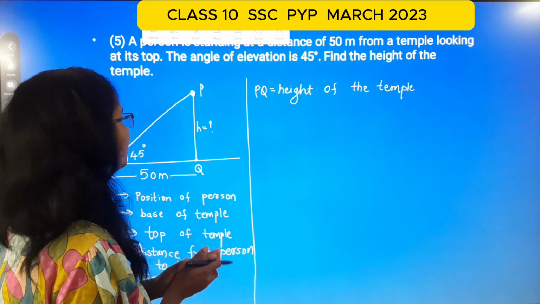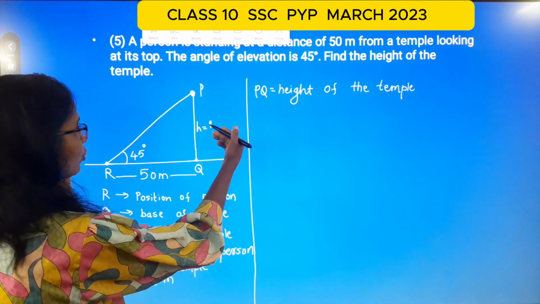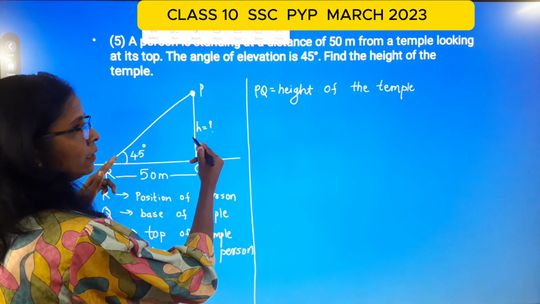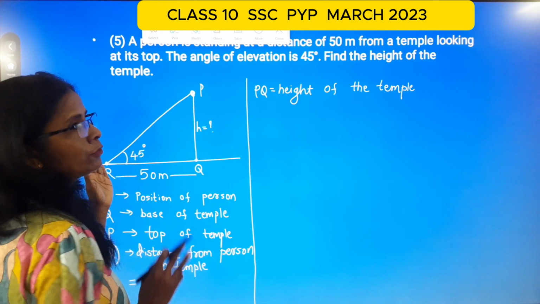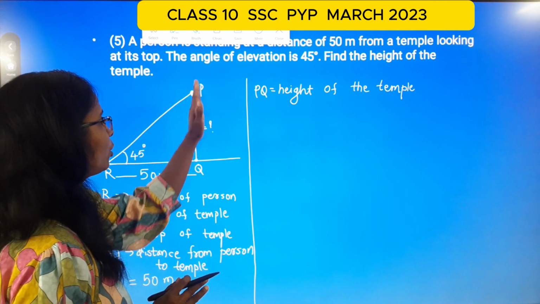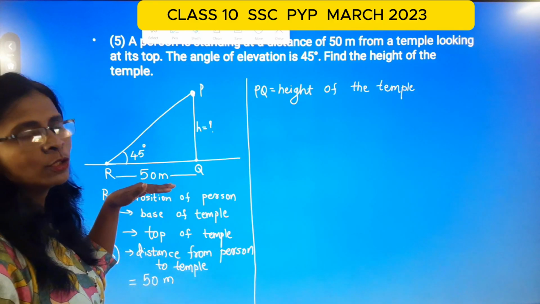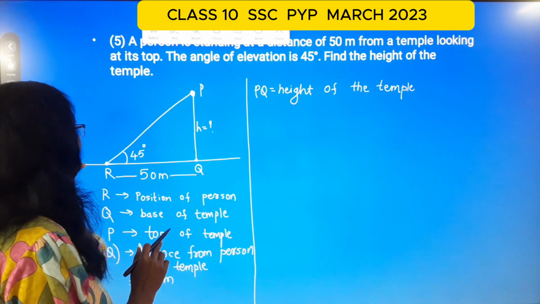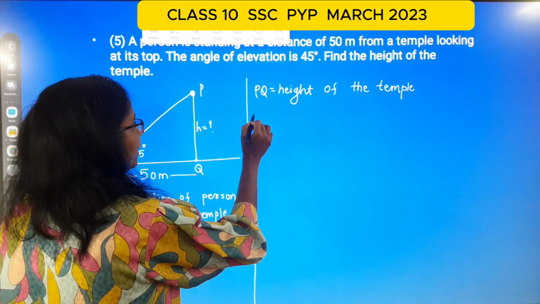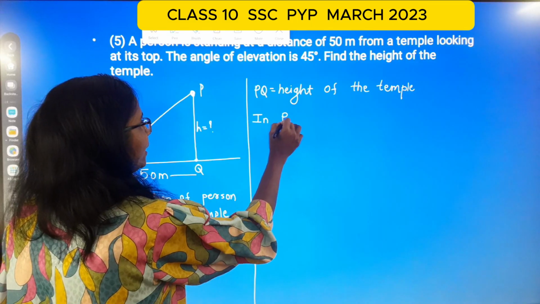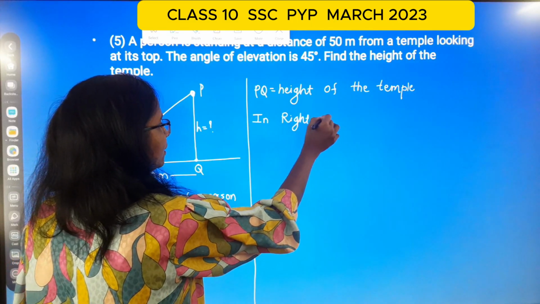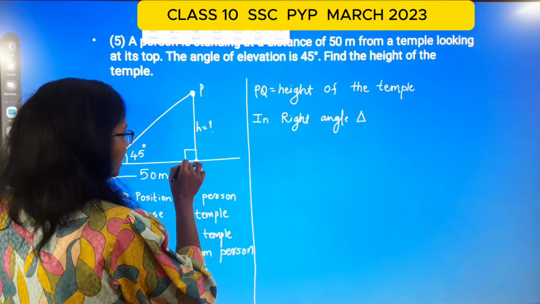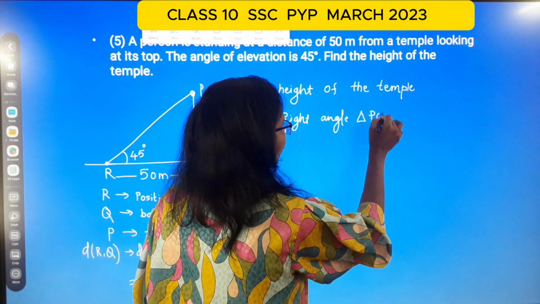Okay, so now here we have to calculate the h. The opposite side of the 45 degree angle is this height of the temple, and the adjacent side is given. So that means here we use the tan ratio. Okay, so here in right angle triangle PQR, this will be the right angle triangle.